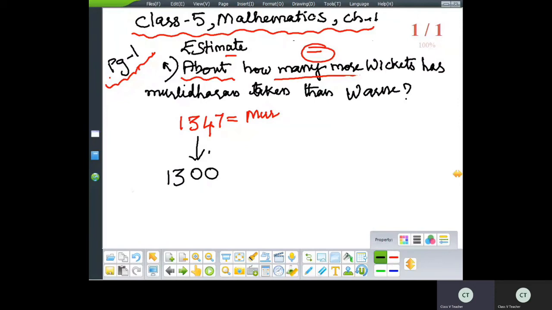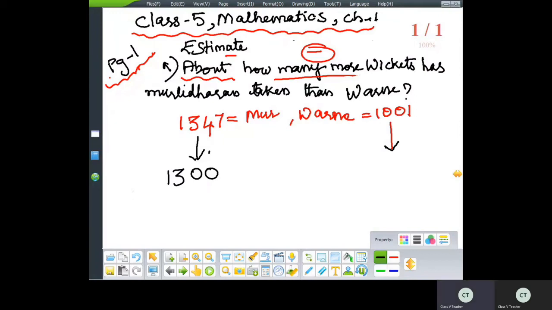Muralidharan is 1347 and the rounded value of 1347 is 1300. And Vaughan is how much? Vaughan is 1001. If you round off to the nearest 100, 1001 lies in between 1000 and 1100.